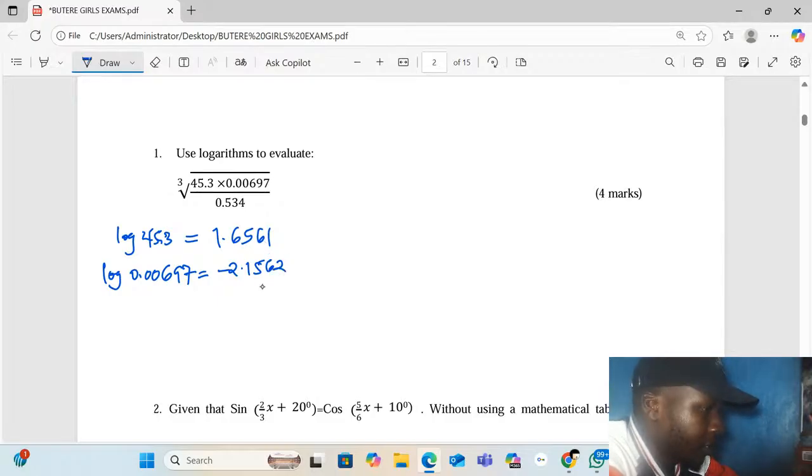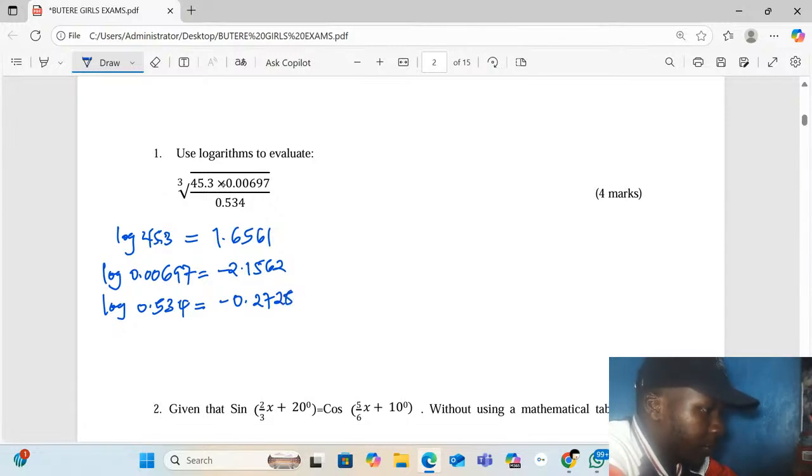Then we move to the log of 0.5434, and from the tables we're going to get negative 0.2728.